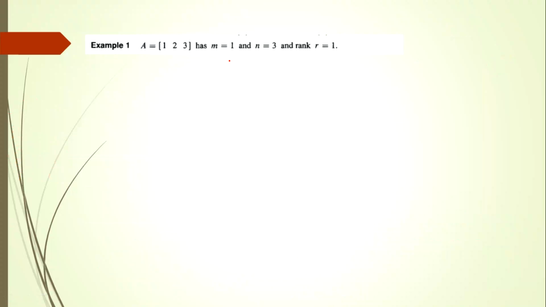Now let's check example 1. In example 1, this matrix A has 1 row and 3 columns. So M equals 1, N equals 3, and the rank R equals 1. How can we understand that the rank R equals 1?